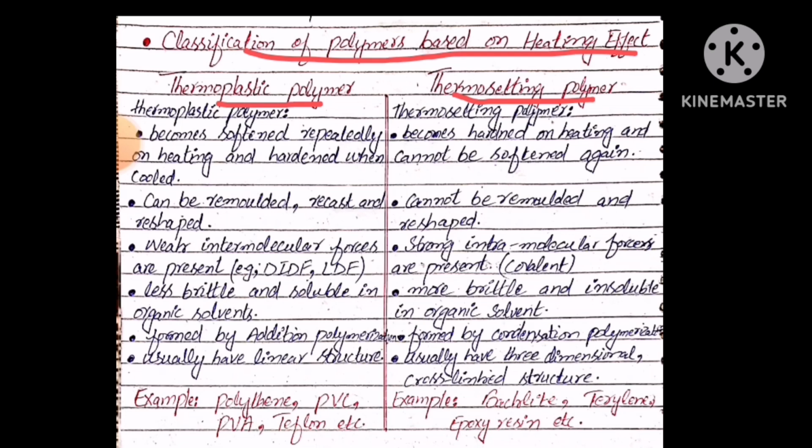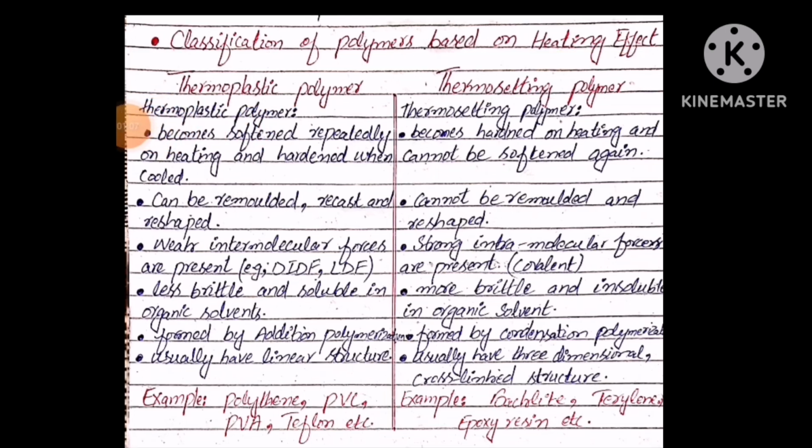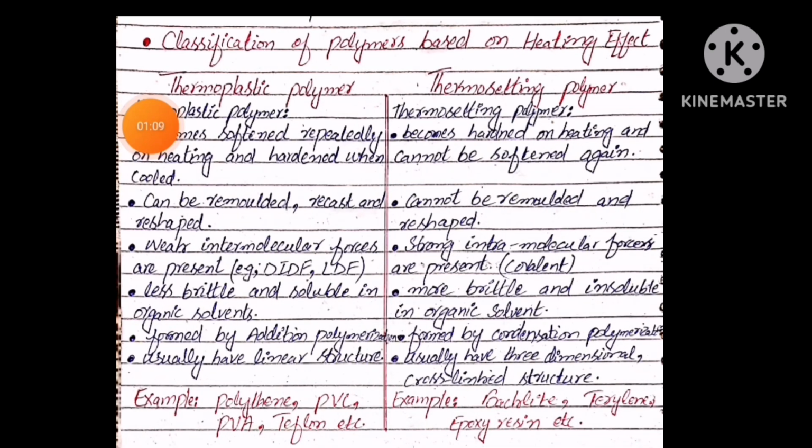So, thermoplastic polymer becomes softened on heating. Thermoplastic polymers become softened repeatedly on heating and hardened when cooled.